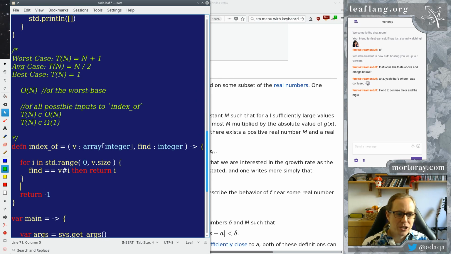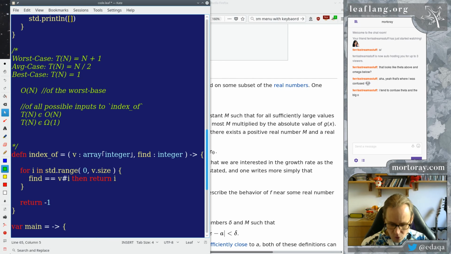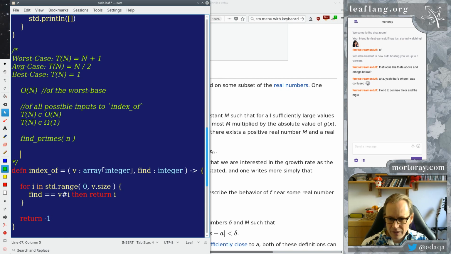Now it says something interesting about it as well. And the reason why this is so important is, let's say you're doing cryptography, and you had an encrypt function, or let's say a decrypt function or find primes. Let's say you have a find primes function of a number, and you want to know how long this takes to run.